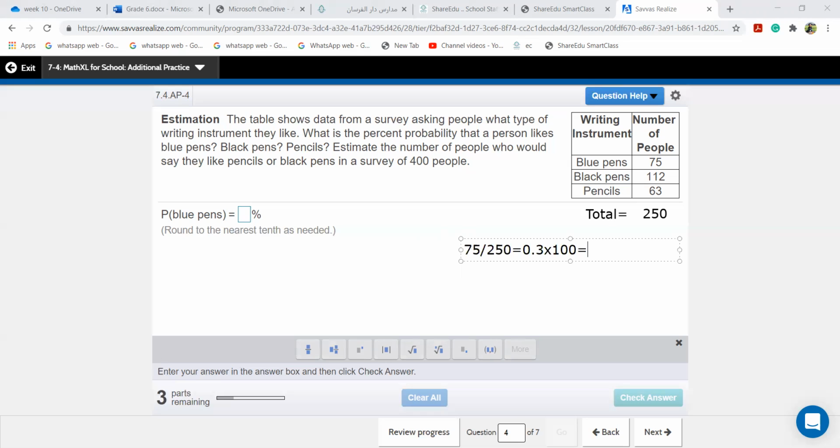So I get 0.3 times 100, I get 30. See girls, again, the question is, what is the percentage probability that a person likes blue pen, only blue pen? 75 out of 250, that is 30. They did not ask you right now for 400 people. I think next they will ask you. So now I write here, I get 30 and I check my answer.